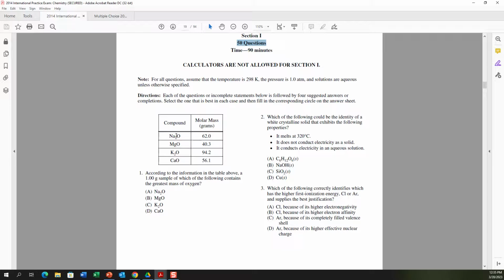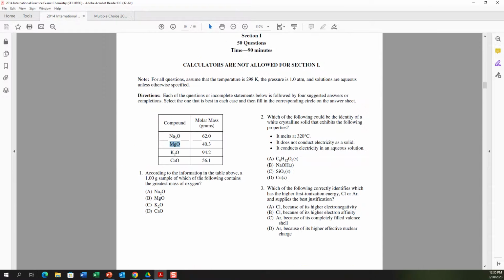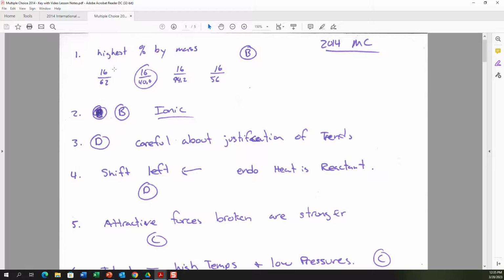Here it's giving us a list of different metallic oxides, ionic compounds with the oxide ion. Notice the question is asking which 1 gram of each of these would contain the greatest mass of oxygen. So it's asking which one has the greatest percent by mass of oxygen. Right off the bat, I can see that it's going to be magnesium oxide, so B. What I'm doing here is, each of the compounds has 1 oxygen, so I'm just asking what ratio of oxygen to the entire thing is the biggest.